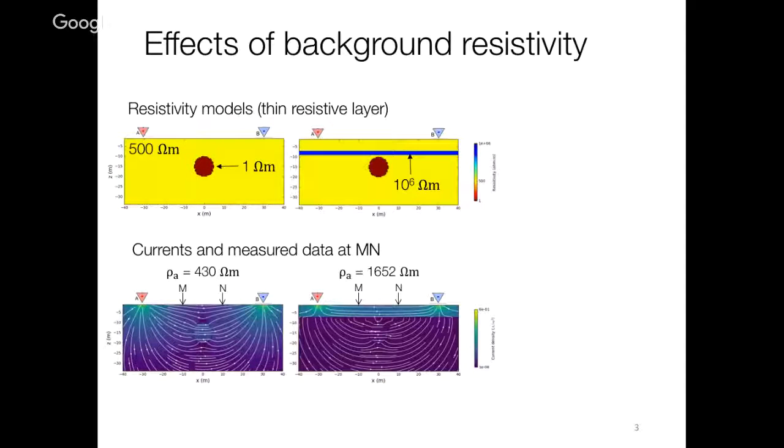So now I'm trying to find this thing, but there's a little layer here, and believe me, that layer could be very thin. It could be 10 centimeters thick, and if it's really resistive, that's exactly what's going to happen. So you get current that just gets effectively channeled in this top layer, and the result is that I don't see anything.